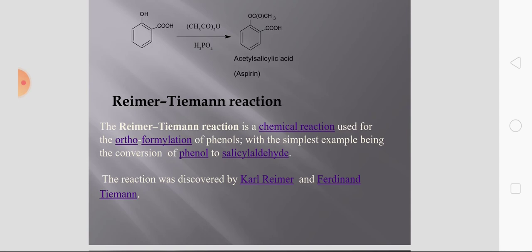Next, the Reimer-Tiemann reaction. The Reimer-Tiemann reaction is a chemical reaction used for the ortho-formylation of phenols, with the simplest example being the conversion of phenol to salicylaldehyde. The reaction was discovered by Carl Reimer and Ferdinand Tiemann.